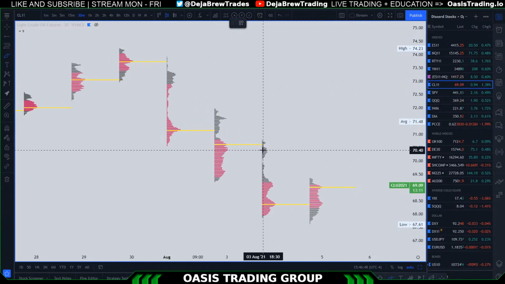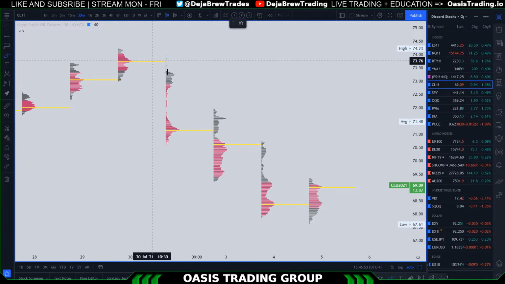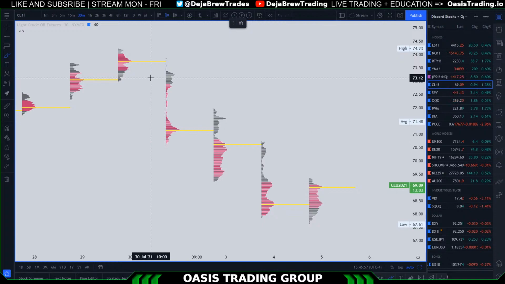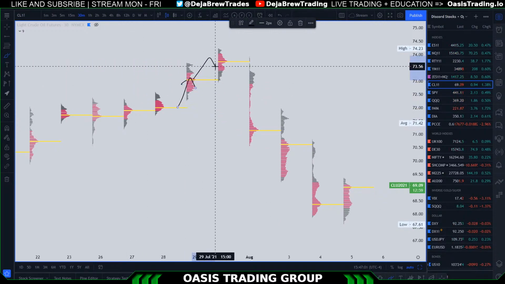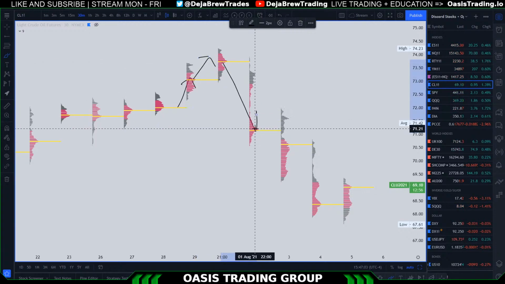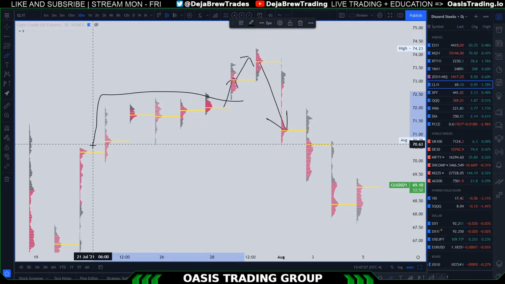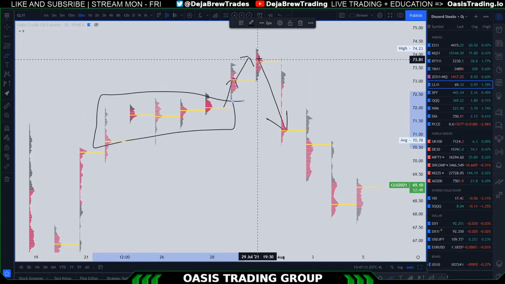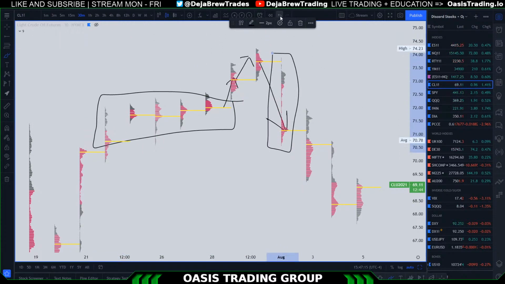if we ignore price and just look at the volume profile, we can see what's going on here, right? Increasing value, massive decrease in value. And you took out every single value area throughout this entire move up in one day. This was a very bearish outside day.